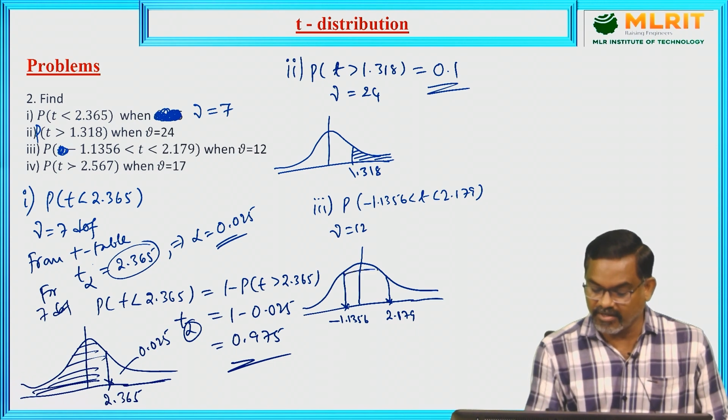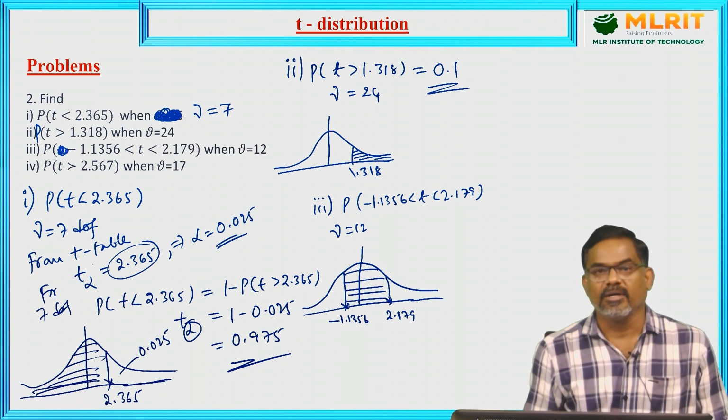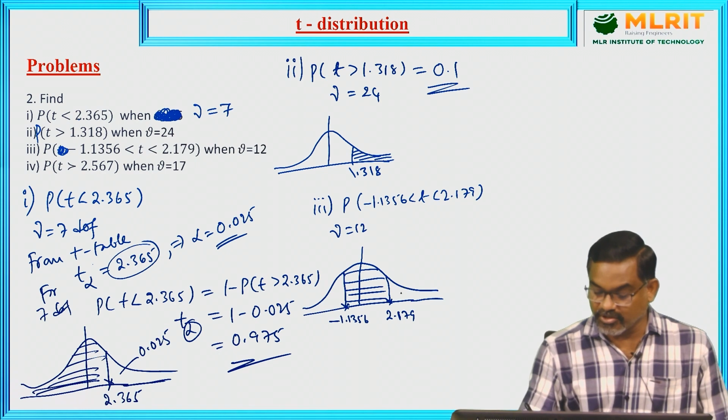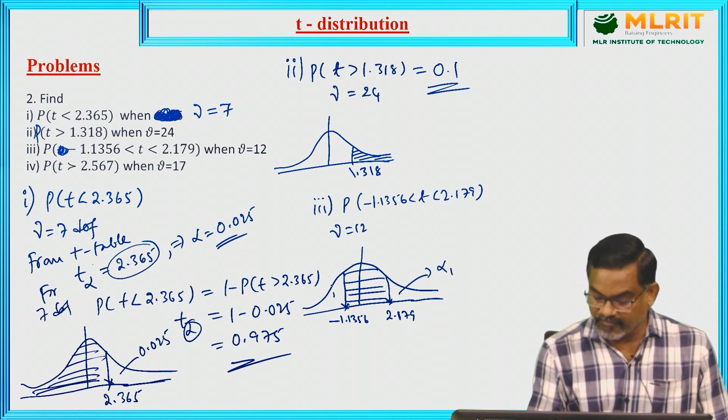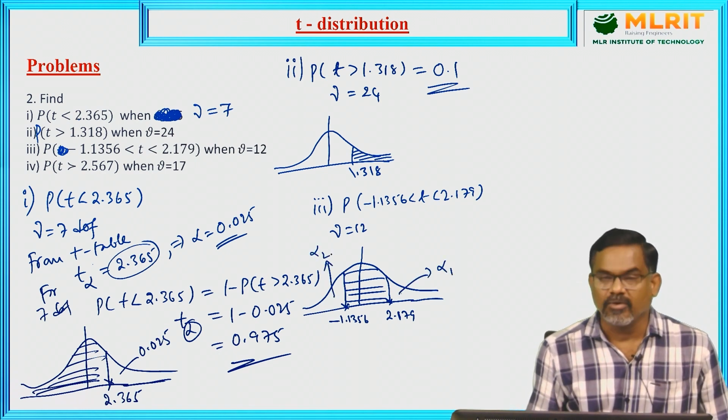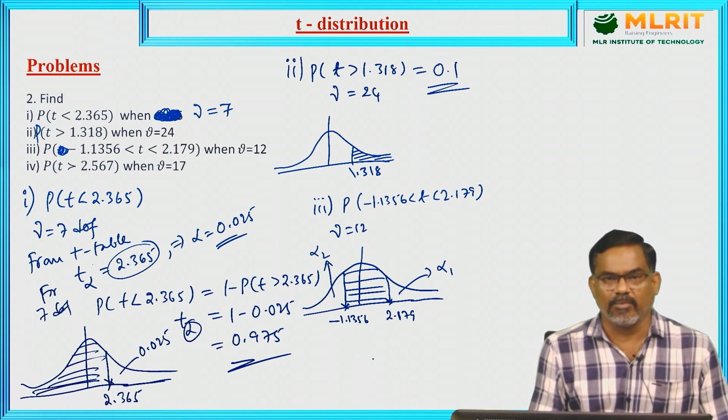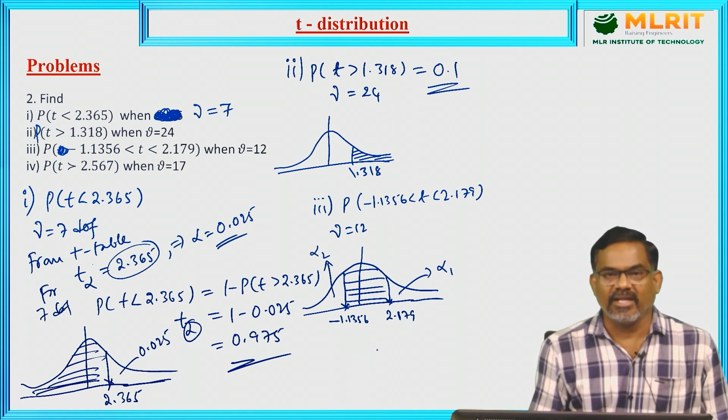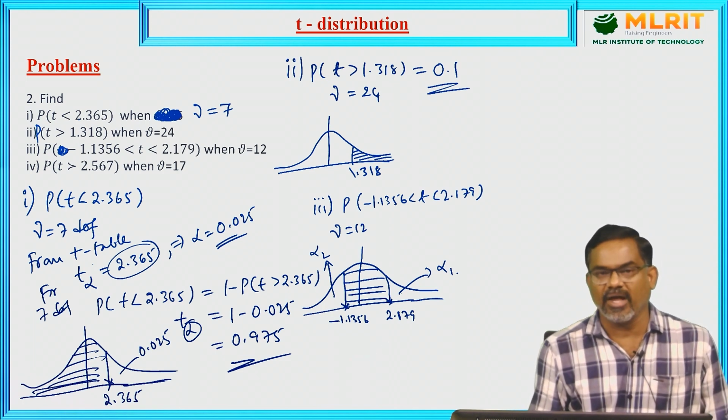We need to find the area between these two. Using the t distribution table we can find alpha 1 and alpha 2: the area to the right side of a positive value and the left side of a negative value.